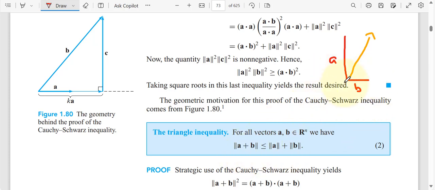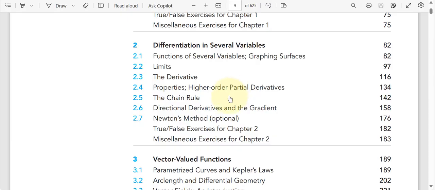But this is true not just in 2 dimensions, it's actually true in Rn. So this is a generalization of an idea that we all know about. It's called the triangle inequality because in 2 dimensions it's easy to see, since it's talking about a triangle, but it holds in n dimensions.